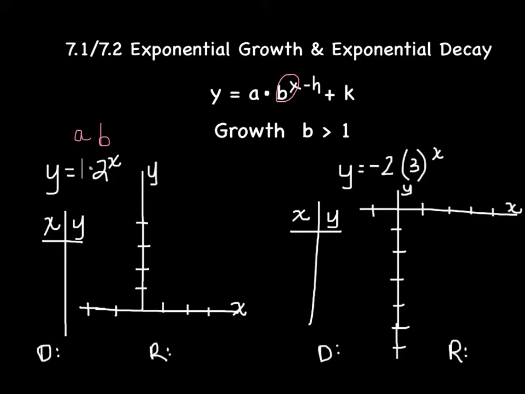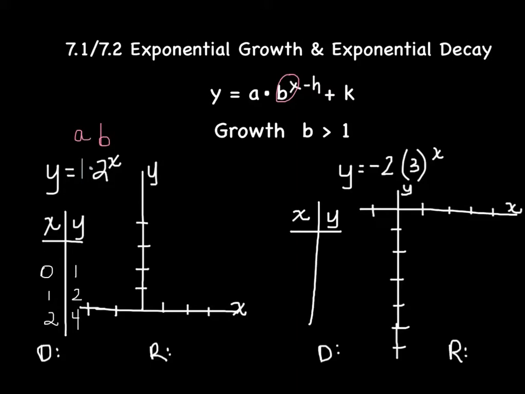So let's pick numbers to plug in. Let's start down here on the bottom and let's do 2. So 1 times 2 squared is 4. Let's plug in 1. 1 times 2 to the first is 2. Let's plug in 0. 1 times 2 to the 0. If you remember back to exponents, anything to the 0 is 1. So 1 times 1 is 1.